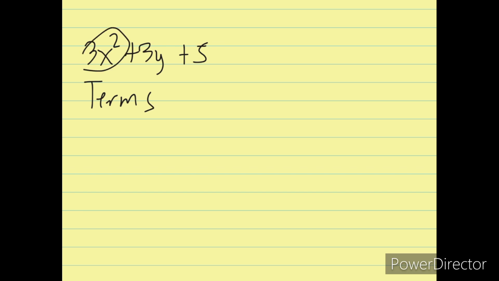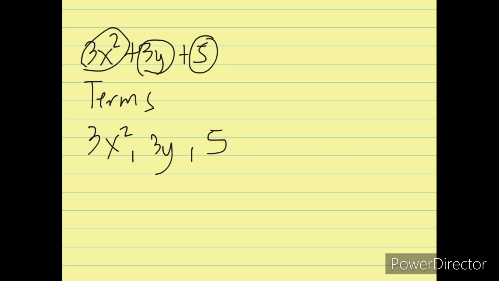First is the 3x squared. 3x squared is one term. Next, the 3y and the positive 5, or 5. So if we count, how many terms are in this expression? We have 1, 2, and 3 terms.